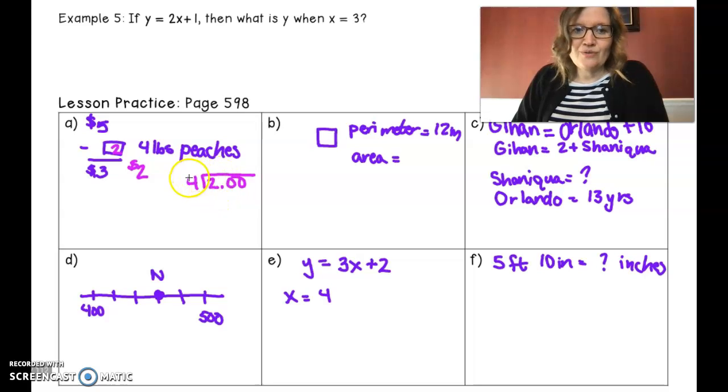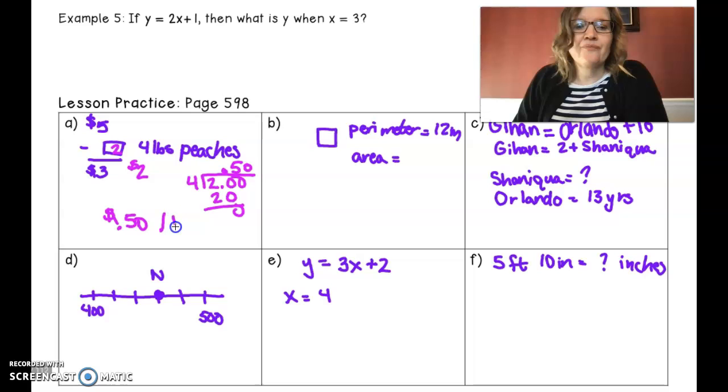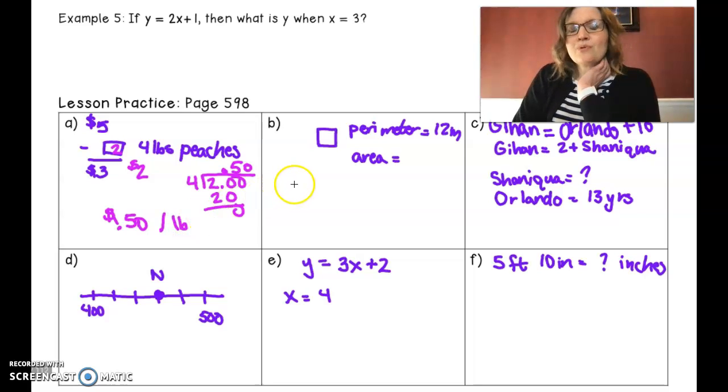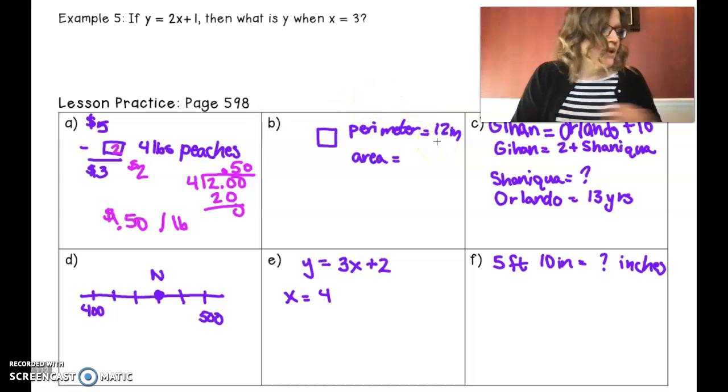We can't divide 2 by 4, but 20 can be. So we keep our decimal point here. 5 times 4 is 20. And we know that each pound of peaches is 50 cents per pound.